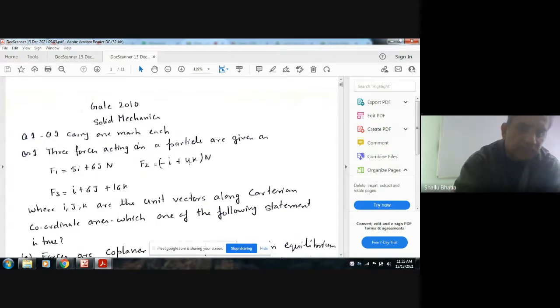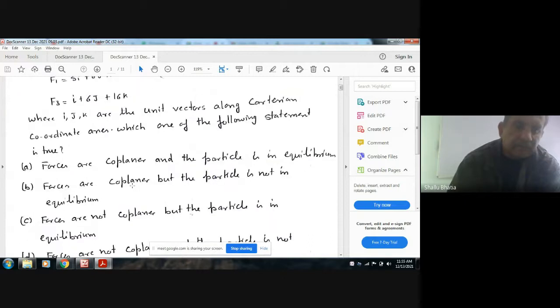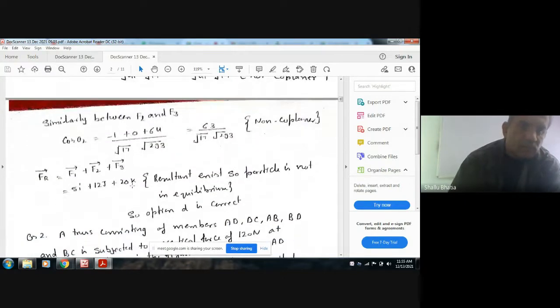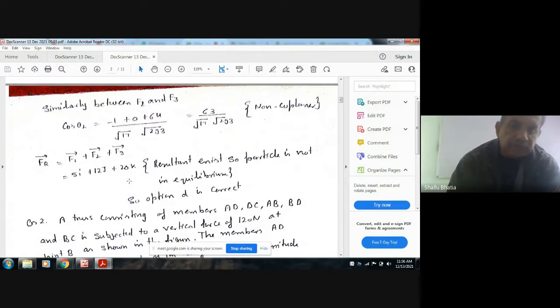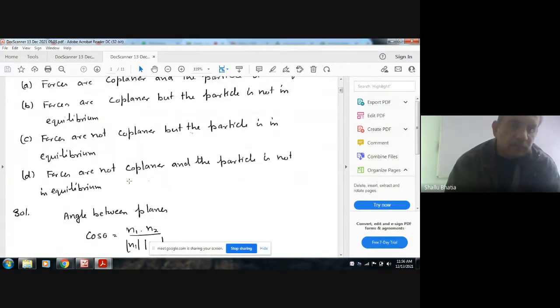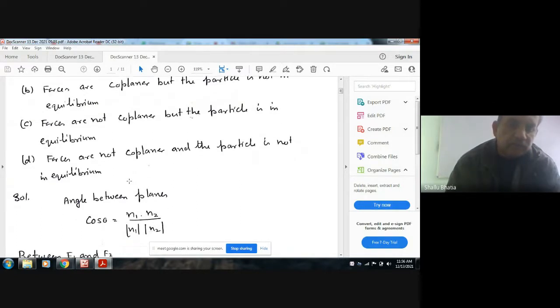Okay, 12, and for k, 4 plus 16, that is 20k. Okay, so a resultant exists, so the particle is not in equilibrium. So option B is correct. What is option B? The forces are not coplanar, and the particle is not in equilibrium.